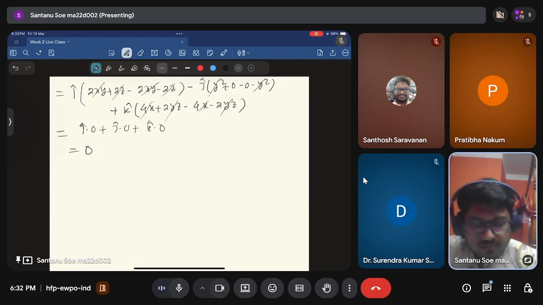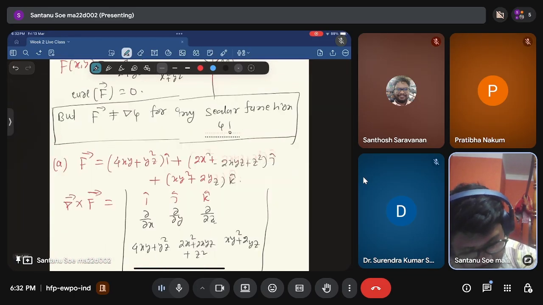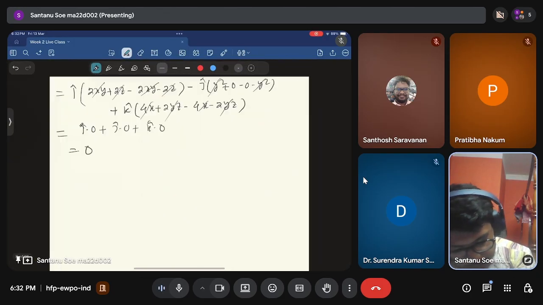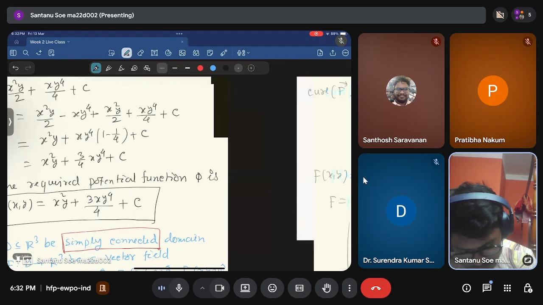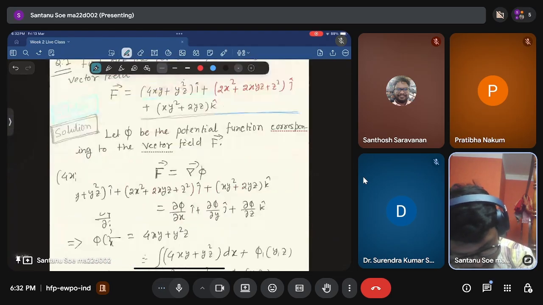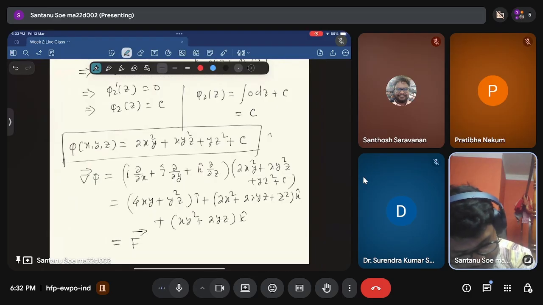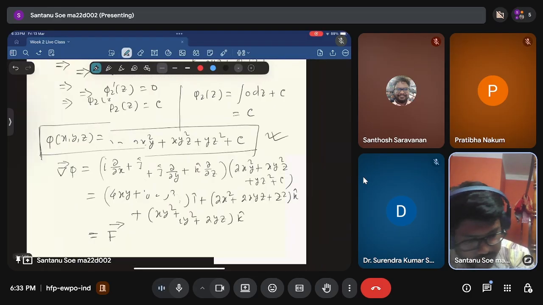This should happen because this question we solved in the beginning, and we showed that for this given vector field the potential function exists. So if the potential function exists, the curl should be 0. Okay, so that's why this curl is becoming 0, because it has a potential function, and we have already evaluated this potential function here. So this was our potential function phi. Okay, so that's why this curl is 0.